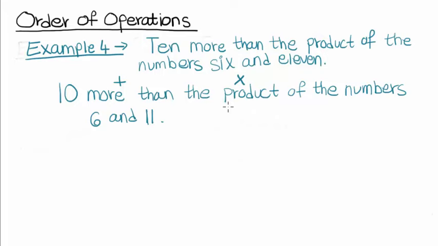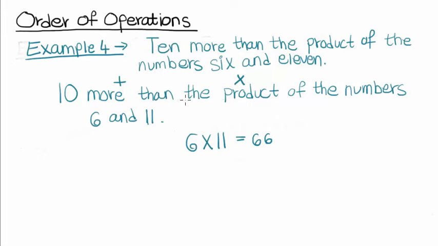We can find the product of the two numbers before we move on any further. Since the product of the two numbers equals the product of 6 and 11, we can simply multiply 6 and 11 together. And when we multiply 6 and 11 together, that gives us 66. Now, referring back to the first part of the problem, it tells us that our answer is equal to 10 more than the product of the numbers 6 and 11.